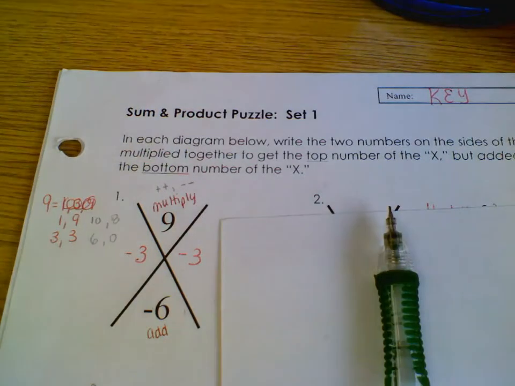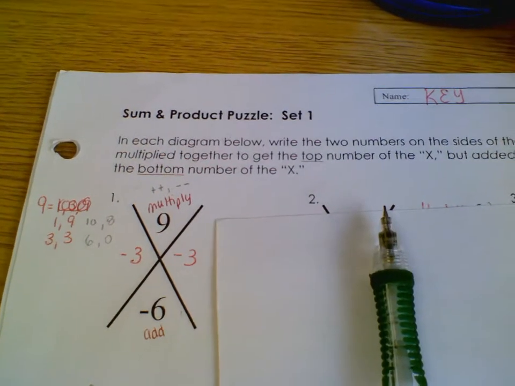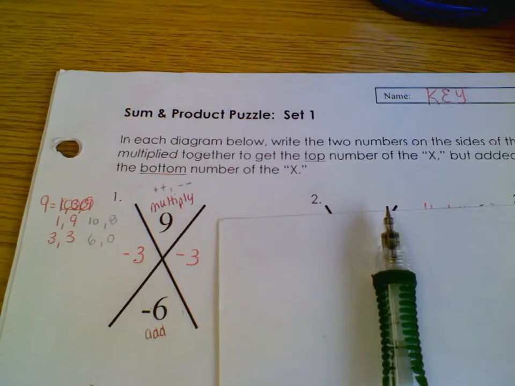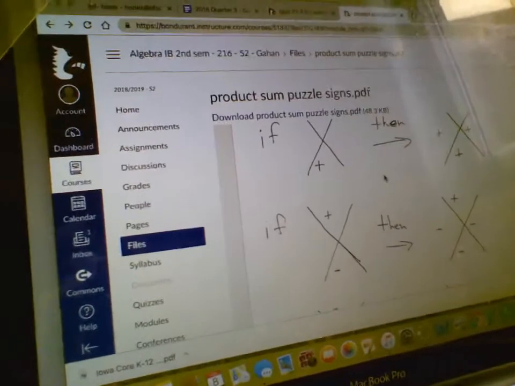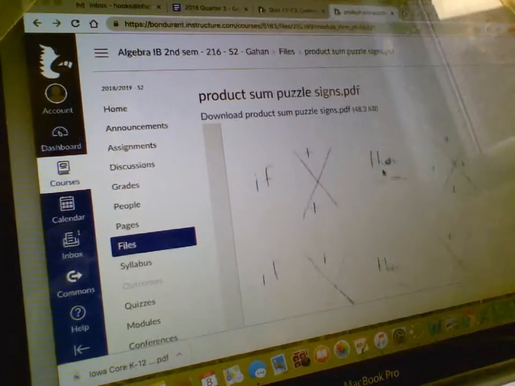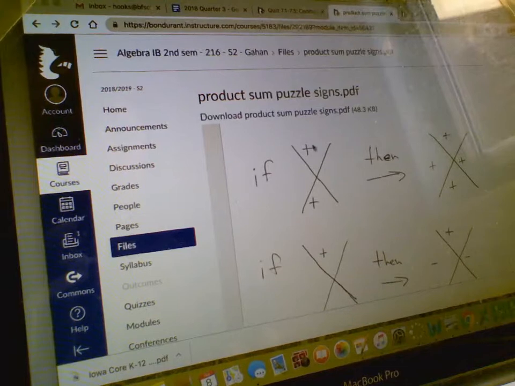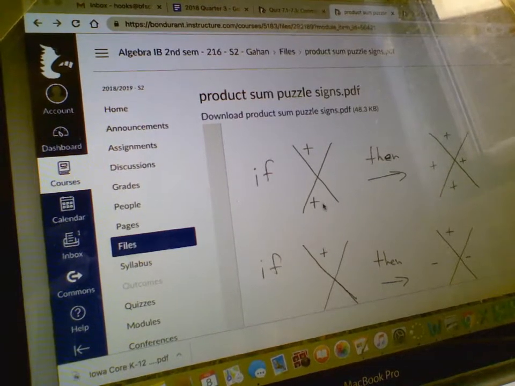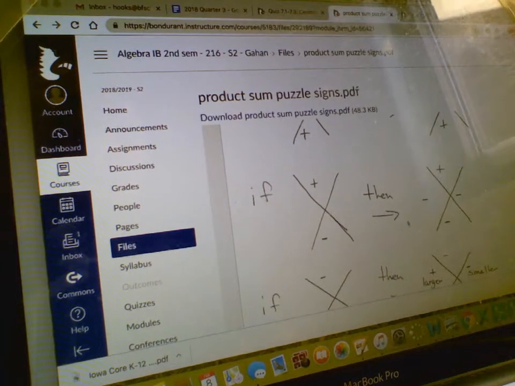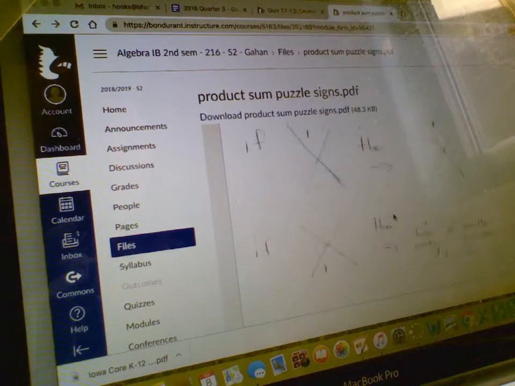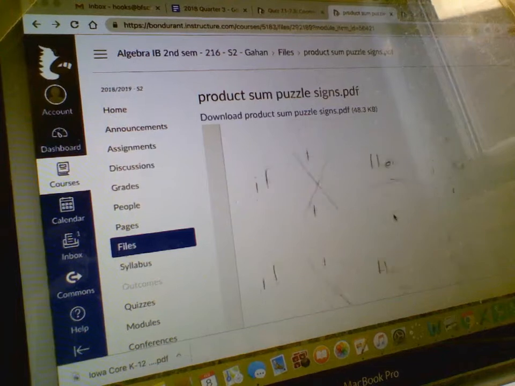Now if you're not very good with sign rules, Mr. Gahan has created kind of a cheat sheet and we posted it to Canvas, which I will make sure that we get a copy for you. So the cheat sheet tells you what your sign rules are. On the previous one, we had a positive on top and a negative on bottom. So that told me that I had to have two negatives on the sides in order for it to work out. So if you're struggling with the sign rules, we can print one of those to help you figure out what your signs are.